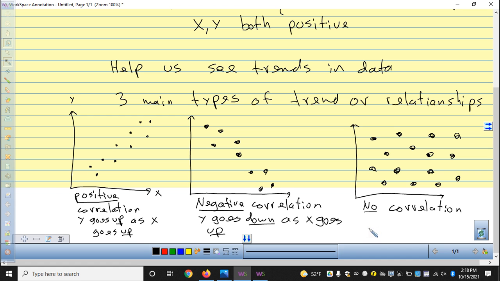It seems like the data is not related. So this could represent if we collected data of the position of wadded up pieces of paper versus the trash can there in the middle.